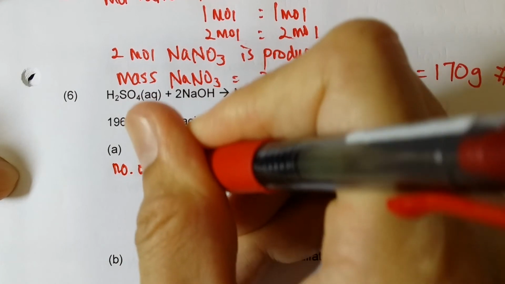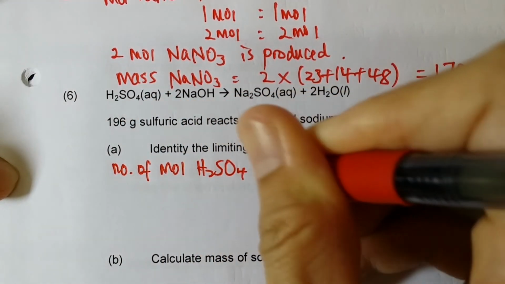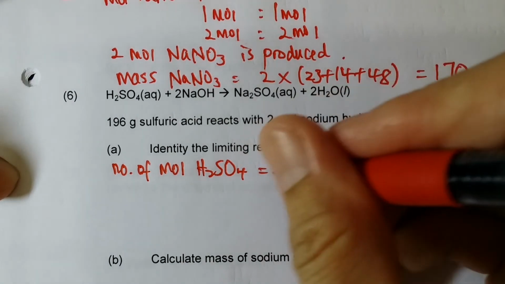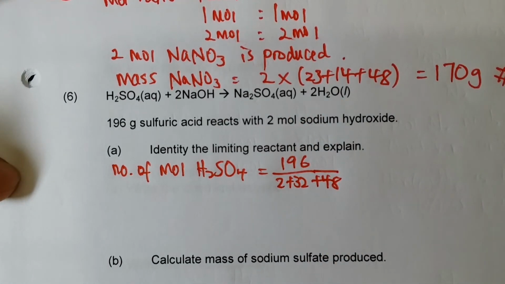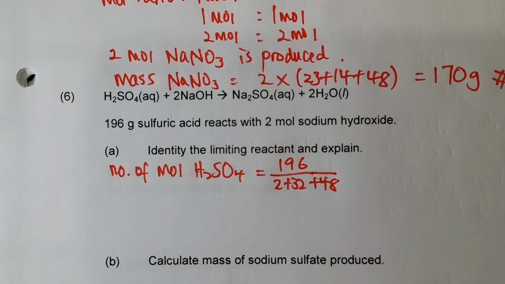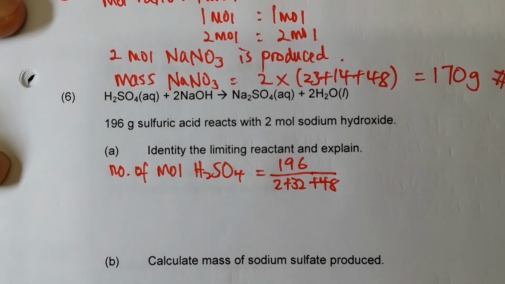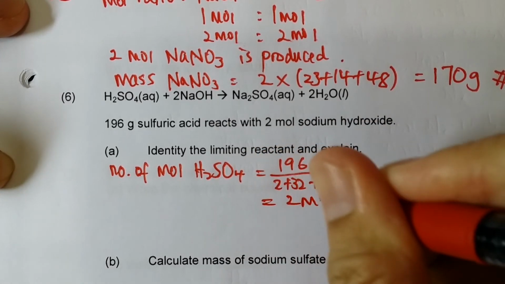So number of mole of H2SO4 is 196 divided by the MR for H2SO4, 2 plus 32 plus 64, sorry, actually this one is 64, 64 plus 32 plus 2, 98, so this one is actually 2 mole.